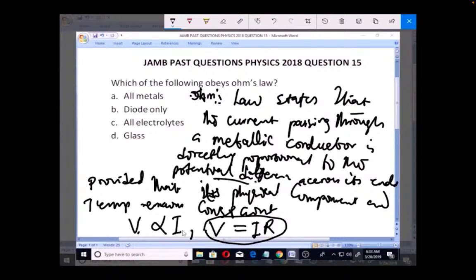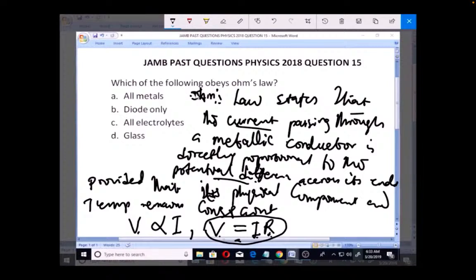The constant of proportionality here is known as resistance. And you can use this equation to calculate the current, resistance, or potential difference for a conductor.